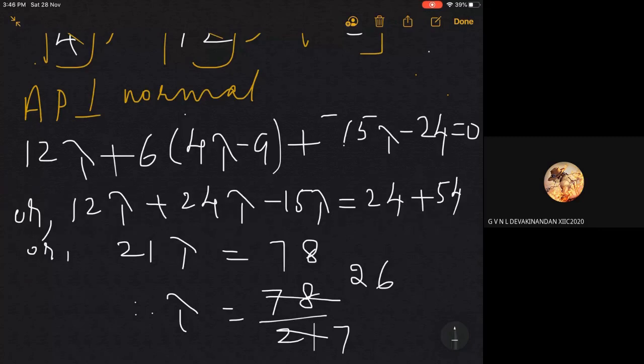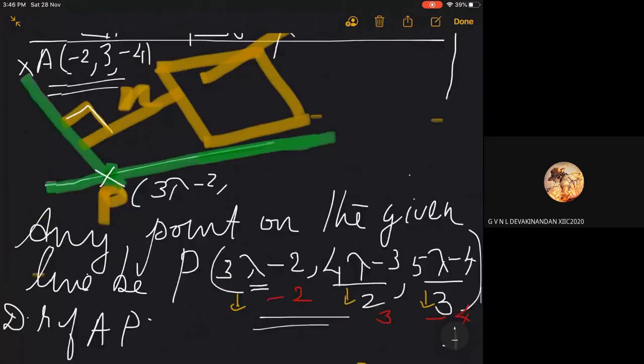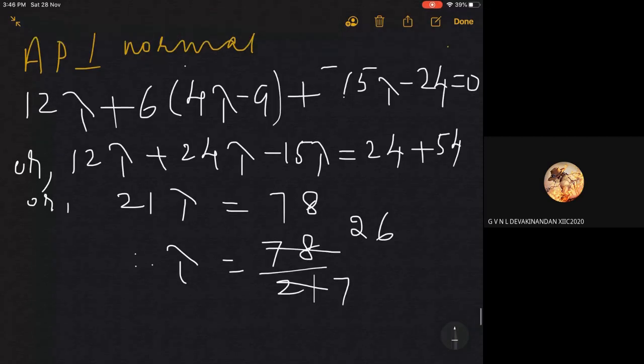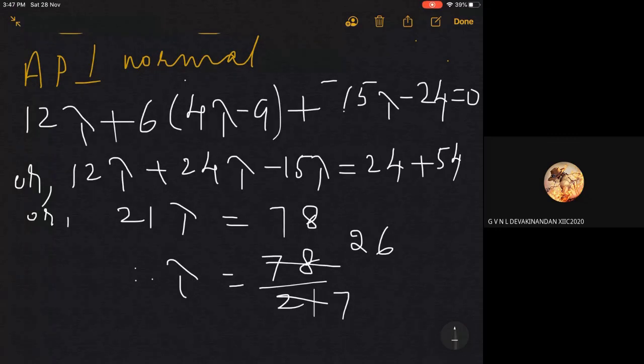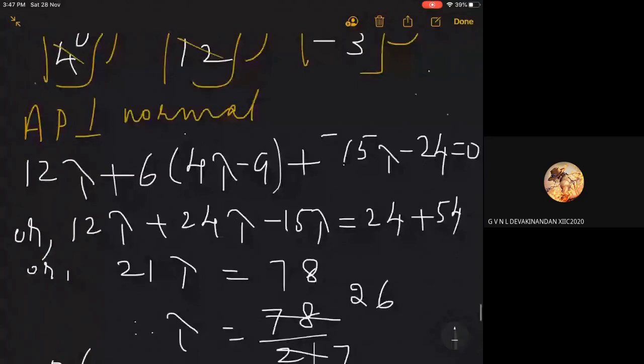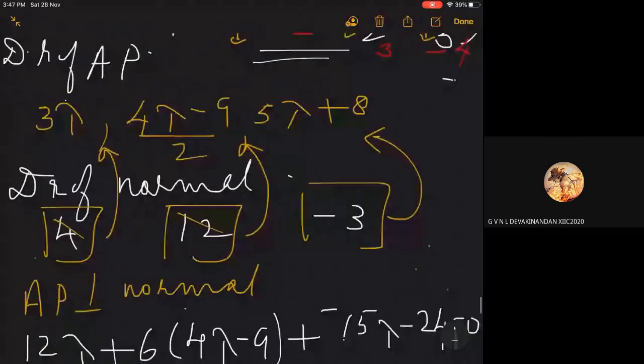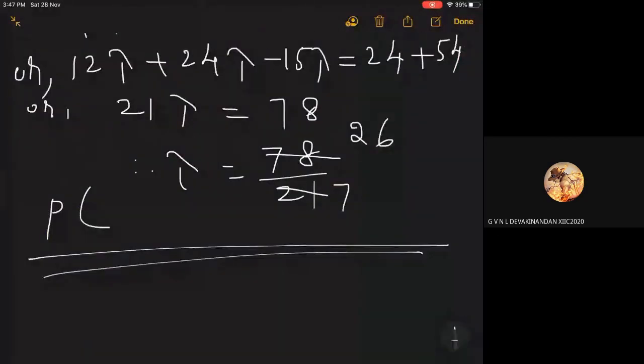After putting the value of lambda you will get the coordinates of P, and then you find the distance between A and P. So what are the coordinates of P? It will take some more time. So children, please find out the value of P and complete this answer. Those who have written this can leave.